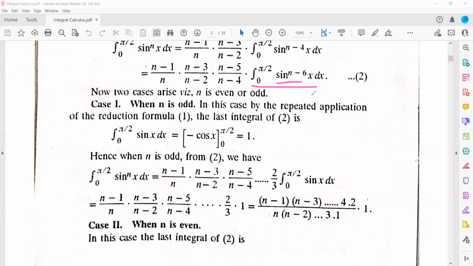Now tell me, if n is odd, then what will be the last power of sine? At one point, the power of sine will what? You look at the last term.